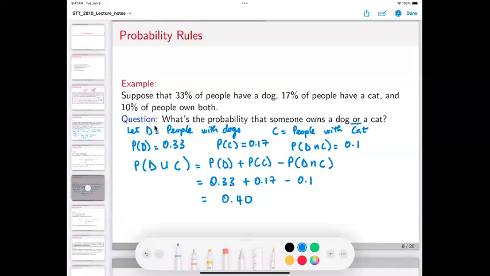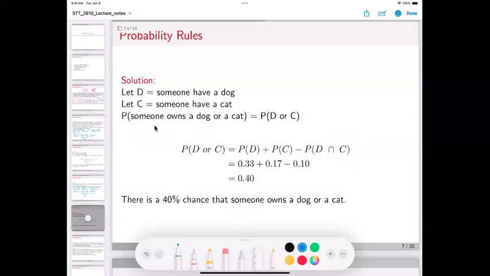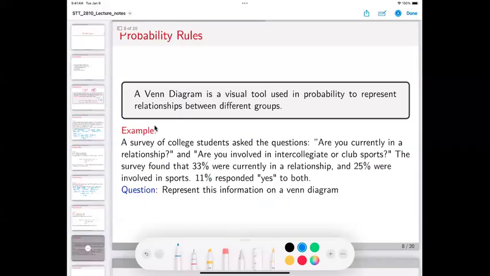Good. And so this is the solution I also presented. Okay, now we want to learn how to answer these questions using a Venn diagram. A Venn diagram is a visual picture to represent the relationship between different groups. When you have a Venn diagram, it makes answering multiple questions very easy. Is that okay? Does that make sense?